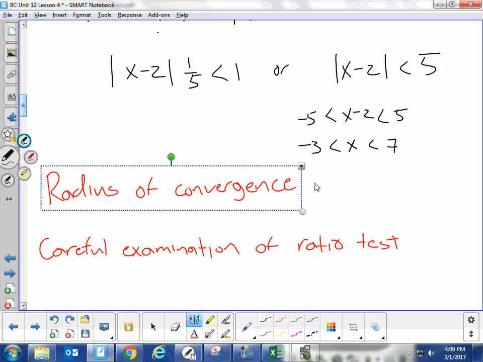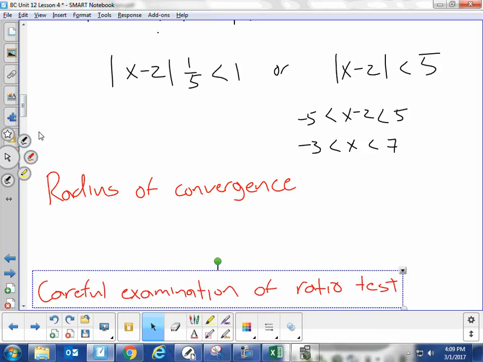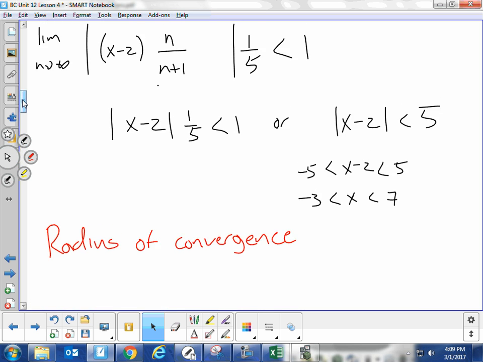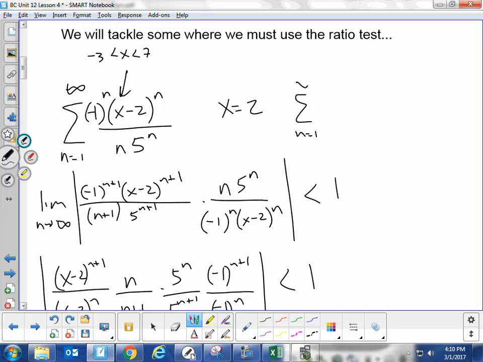Now, what we did along the way was find the radius of convergence. Okay, if you think about this, if ever I plugged in 2 for x, I would just be adding up a bunch of zeros. This would be kind of what is considered the center of convergence, when I'm adding up zeros.